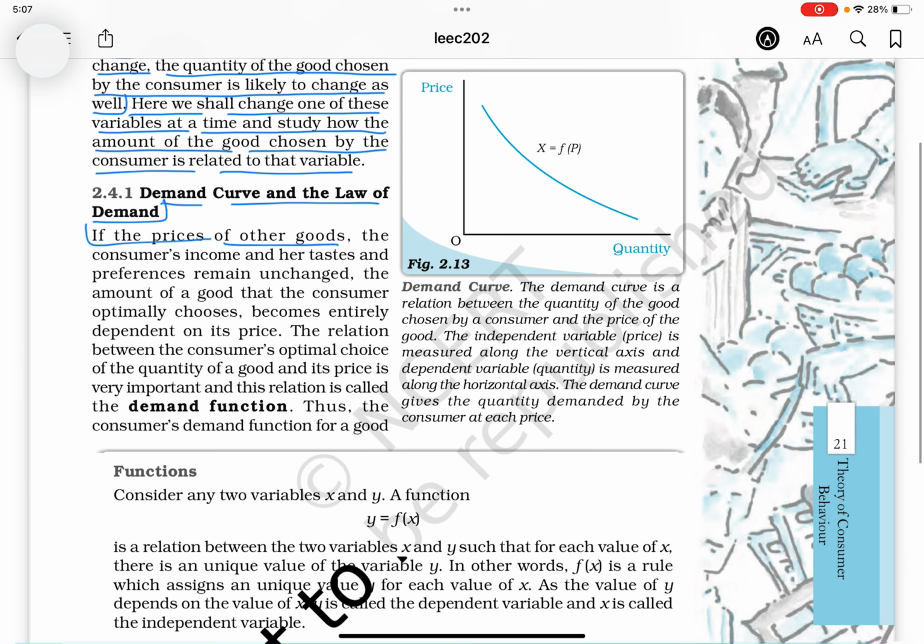If the prices of other goods, the consumer's income, and her tastes and preferences remain unchanged, the amount of a good that the consumer optimally chooses becomes entirely dependent on its price. The relation between the consumer's optimal choice of the quantity of a good and its price is very important, and this relation is called the demand function. Thus, the consumer's demand function for a good.